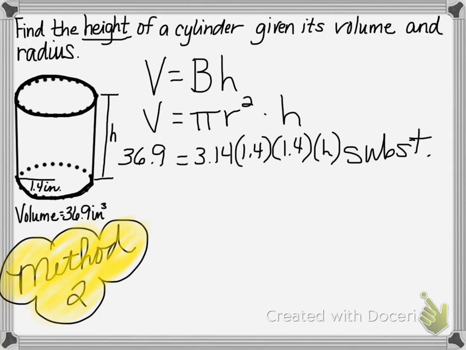And as I continue on through my problem, I have 36.9 equal to, and when I multiply all of those, you can pause the video and then multiply them and then restart it when you're ready.